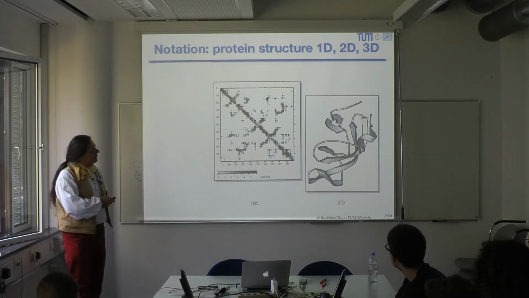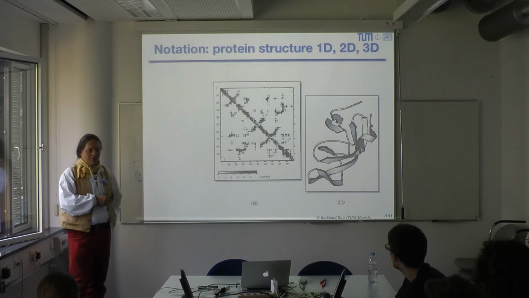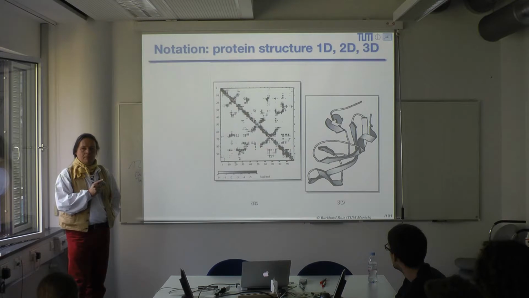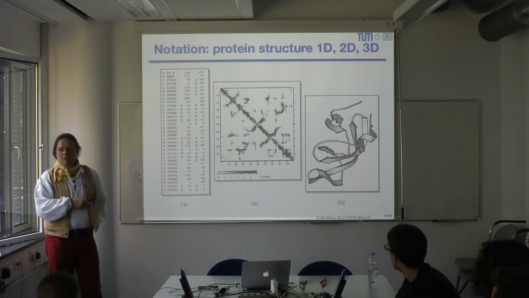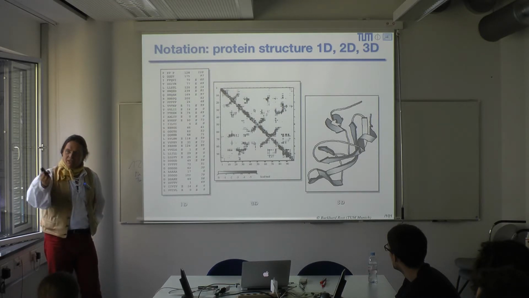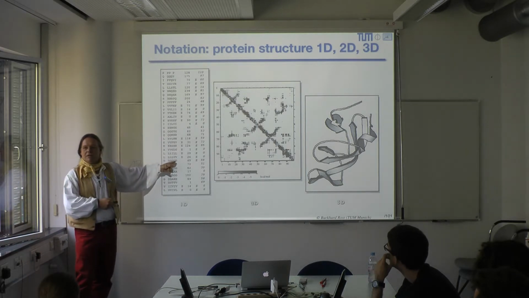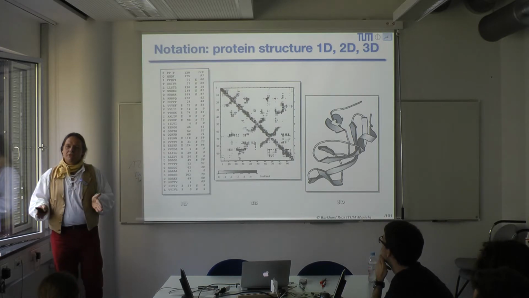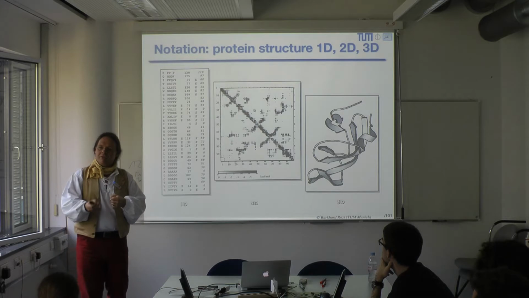And the pattern formation, in fact, reflects the secondary structure units, but in 2D. To write it down in 2 dimensions is a matrix. 1D is a string. 1D is a sequence. 1D is secondary structure, because for every single residue you have an assignment of the secondary structure. You know it's an alpha helix, a beta strand. For every single residue, you know its solvent accessibility. You know whether the protein is on the surface or not.